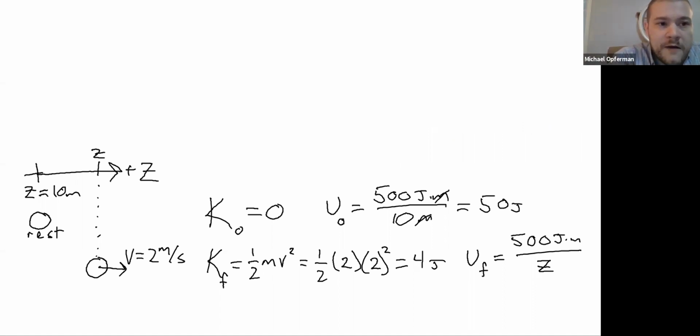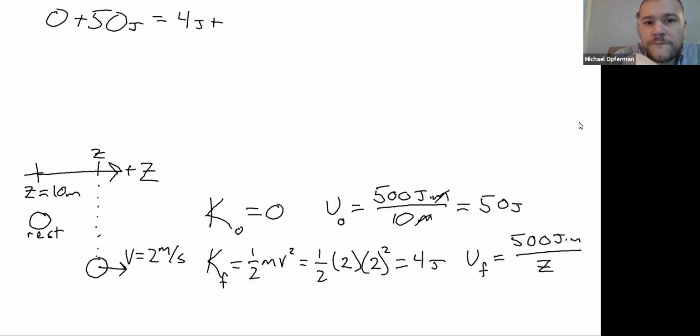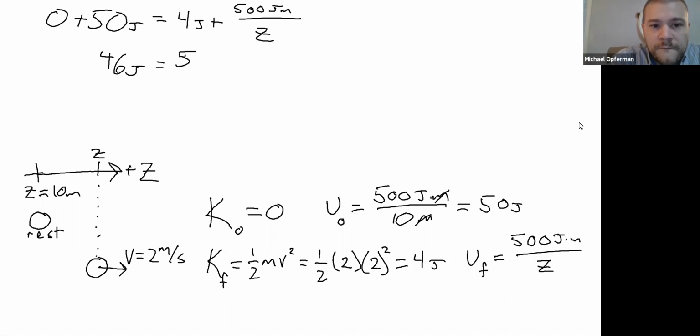So we're going to have 0 plus 50 is the initial energy, that's in joules. And the final energy is going to be 4 plus 500 over z. Okay, so we end up with 46 equals 500 over z.